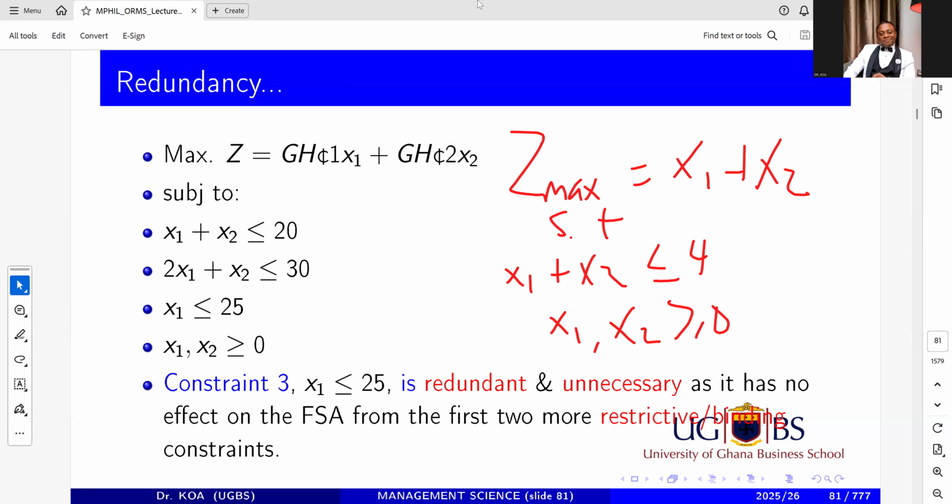I want you to tell me, for this mathematical model you see on your screen, and explain fully to me whether it is multiple optimal solution, or infeasibility, or unboundedness, or redundancy. Let me see the smartest one among you.